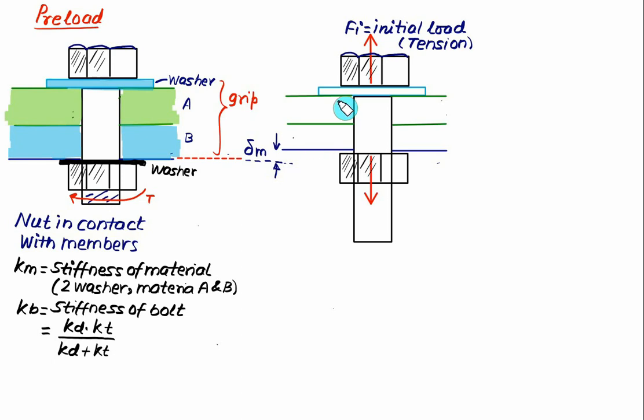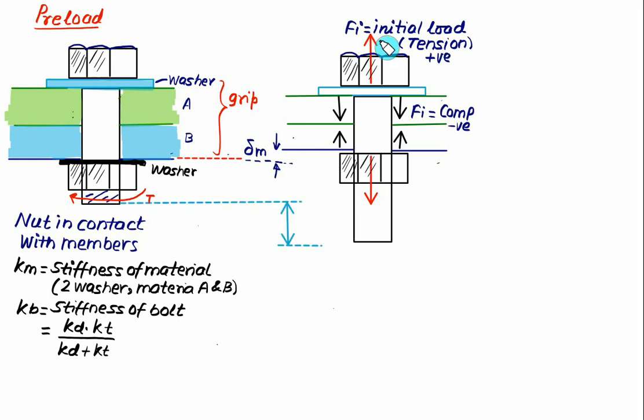This compression force Fi for the grip is also the initial load, but this value Fi is in compression. So whenever it is compression you have to treat it as negative, and whenever tension you have to treat it as positive.